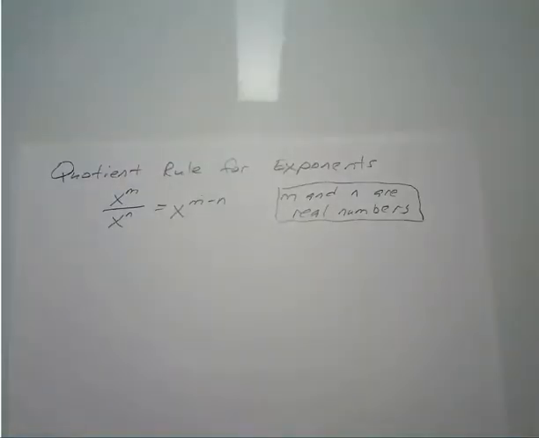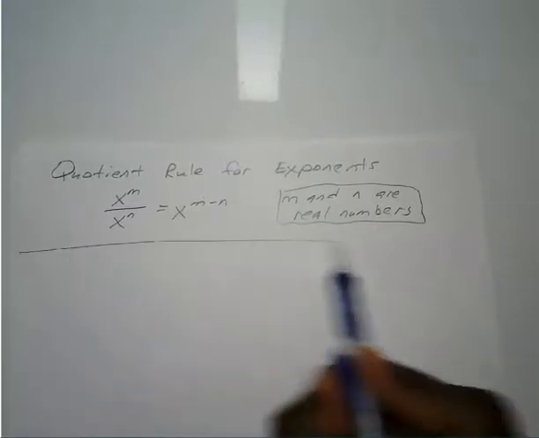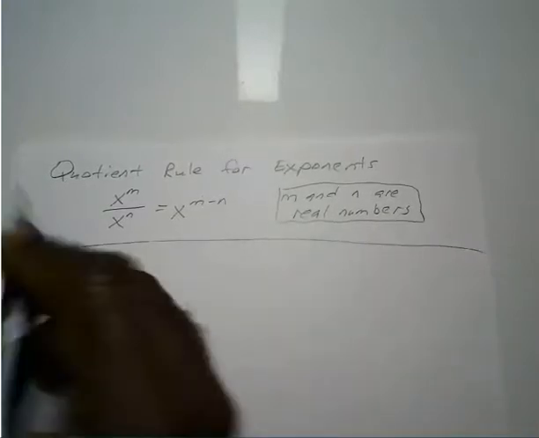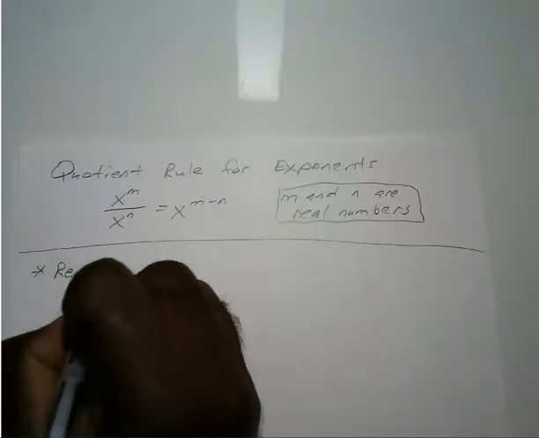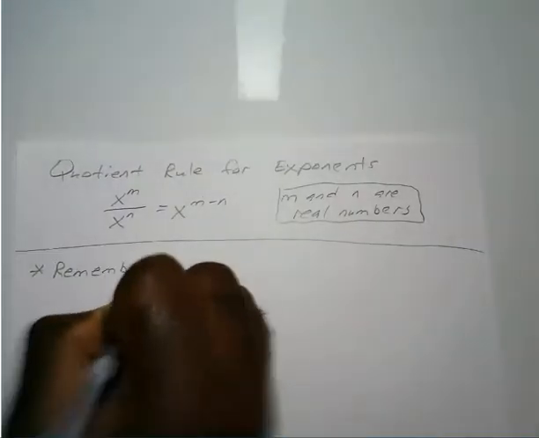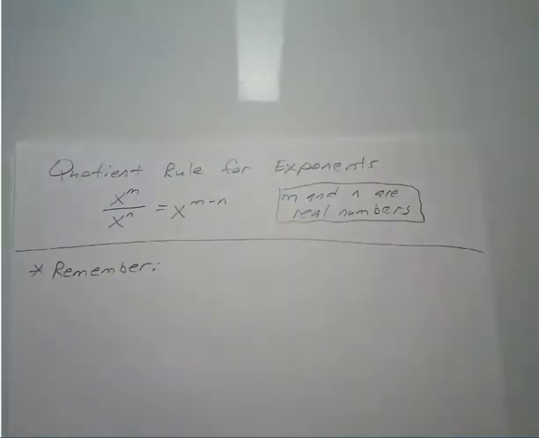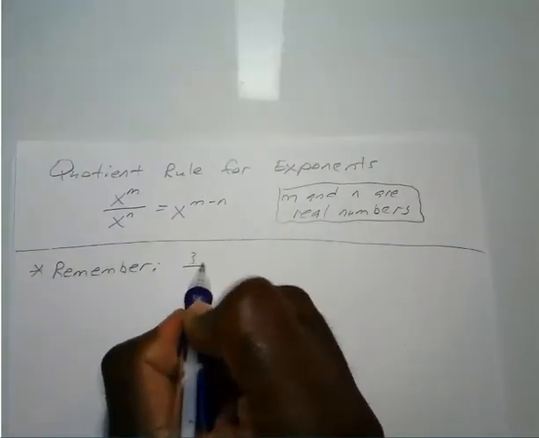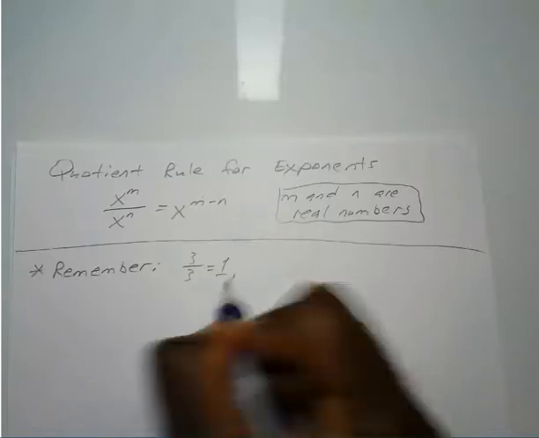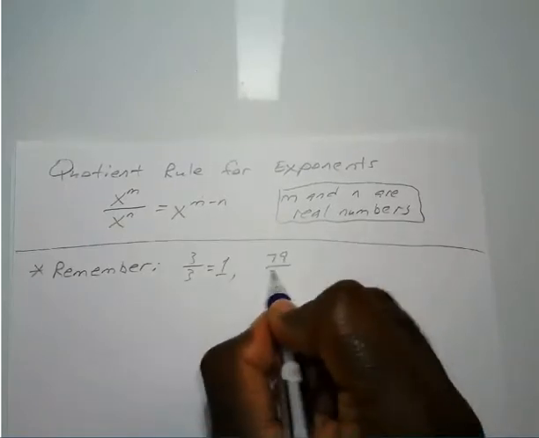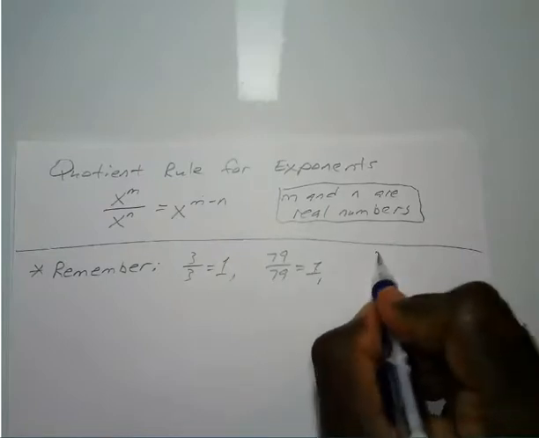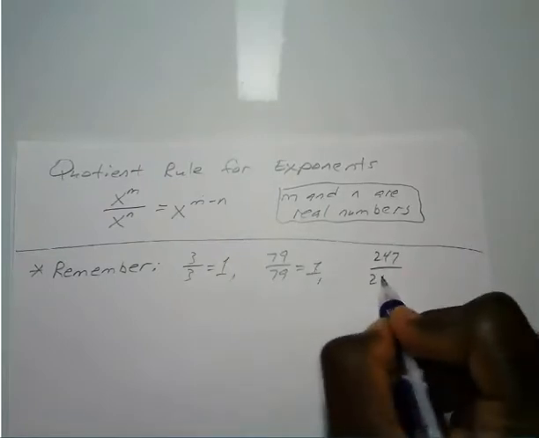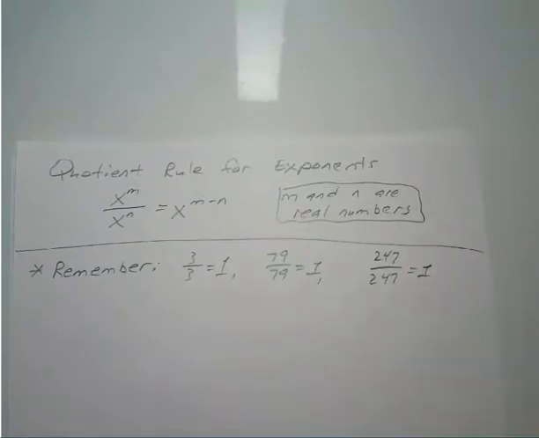Now, the key to some of these problems is that you want to remember that anything divided by itself is equal to 1. 3 divided by 3 is equal to 1. 79 divided by 79 is equal to 1. 247 divided by 247 is equal to 1.